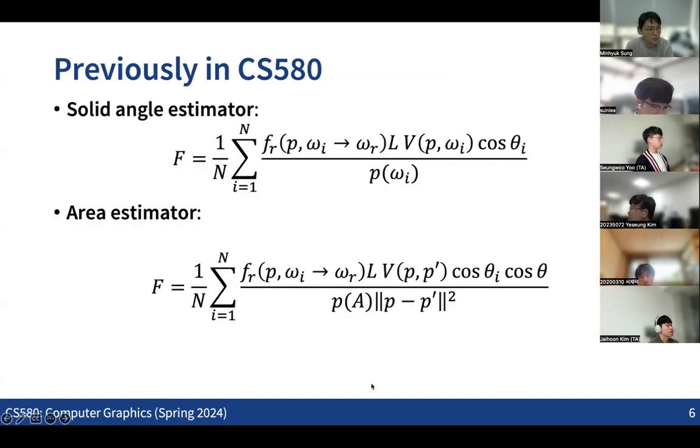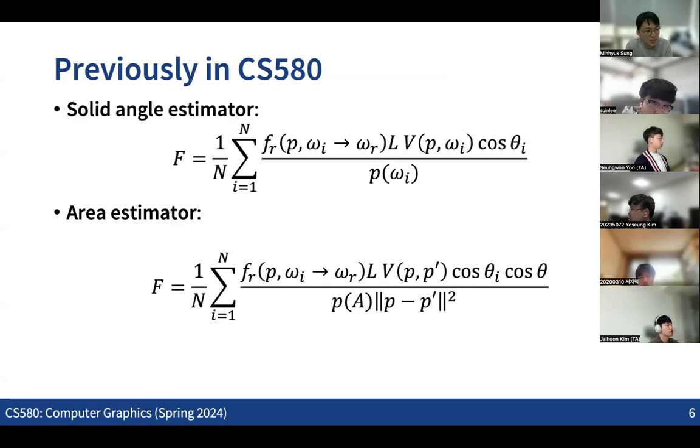So those are two different ways that we can define an estimator for the reflection equation, sampling the solid angles and sampling the points over the area. Depending on which estimator we choose, we can get different convergence rates.